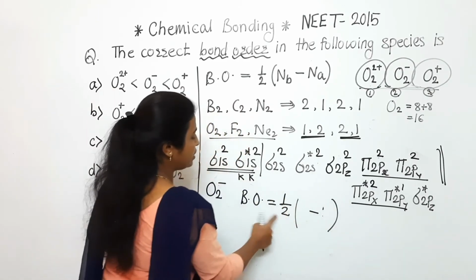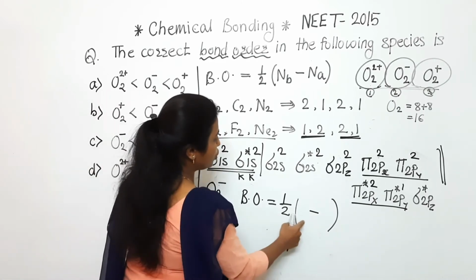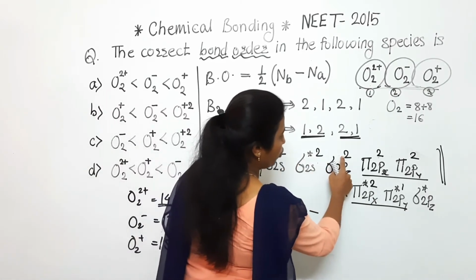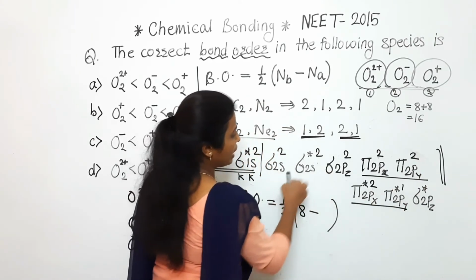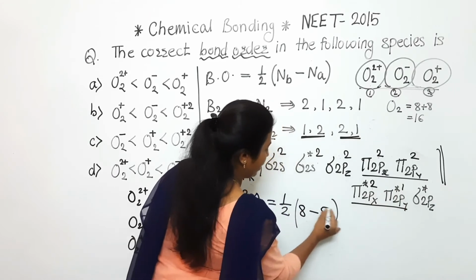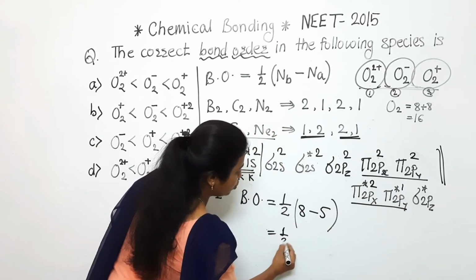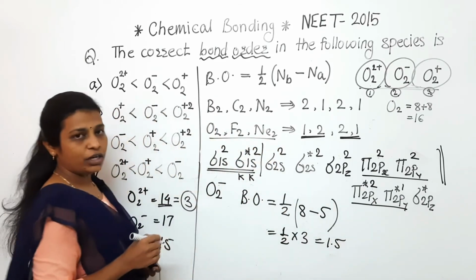Now we just calculate the number of bonding and anti-bonding orbital electrons. So here 2 plus 2 is 4, 4 plus 4 is 8, only 8 will be there. What about the anti-bonding? 2 plus 2 is 4, plus 1 is 5. Here 1 by 2 into 3, and that is nothing but 1.5.